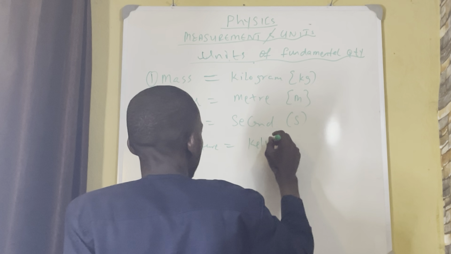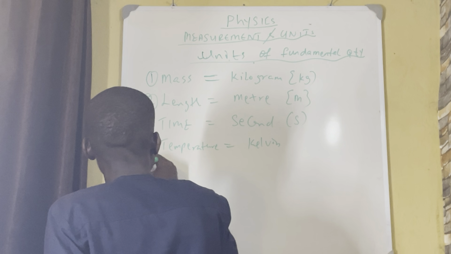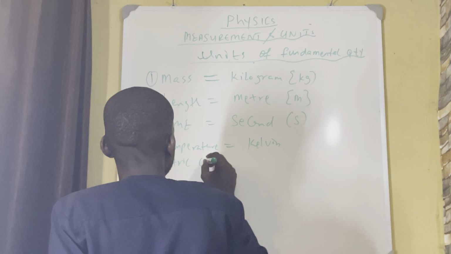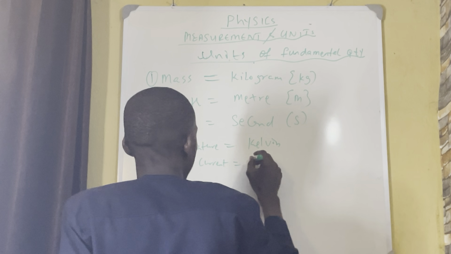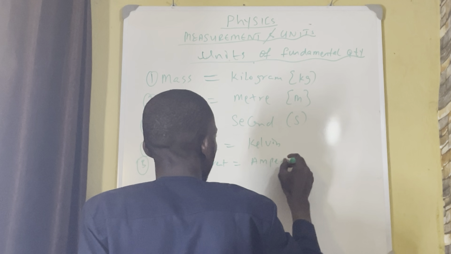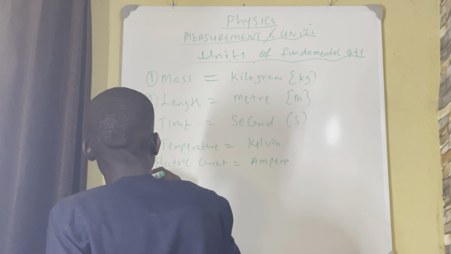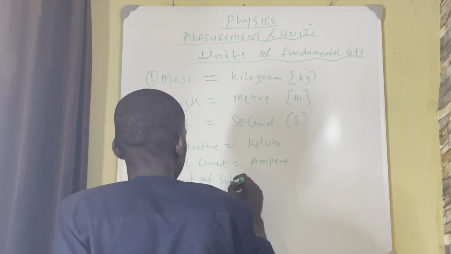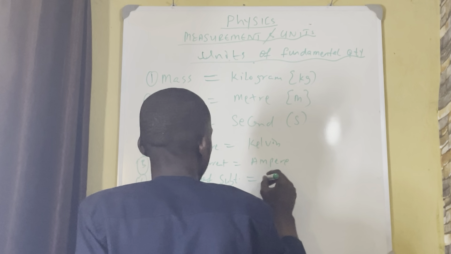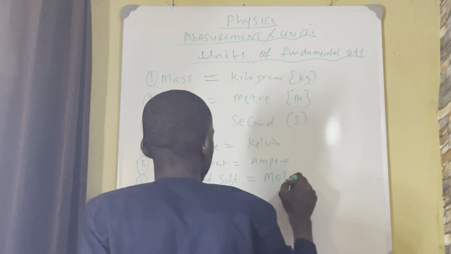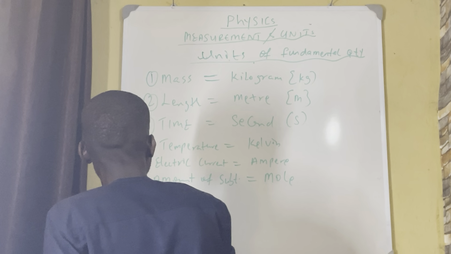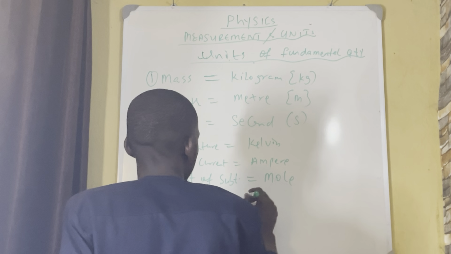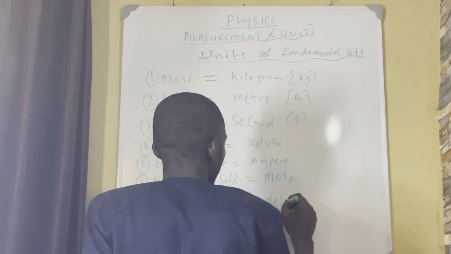Kelvin. We talk about electric current. Ampere. Amount of substance. Mole. Intensity of light. Candela.